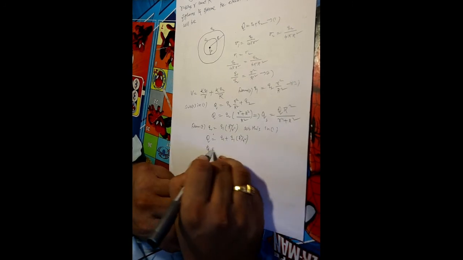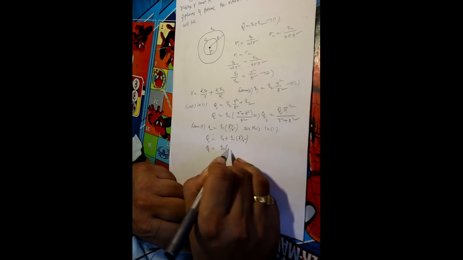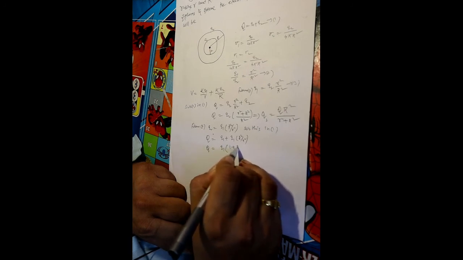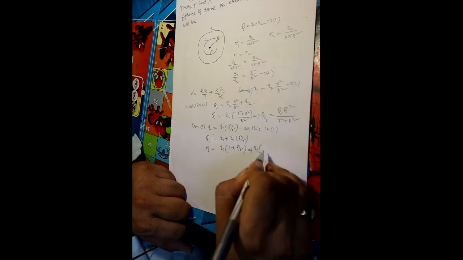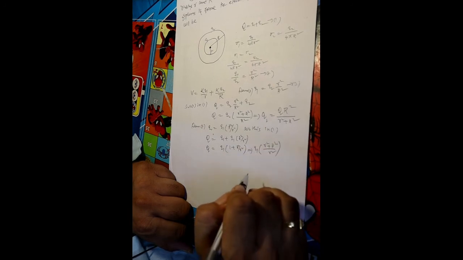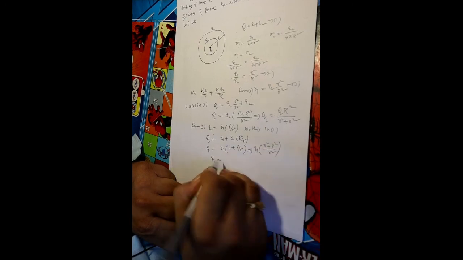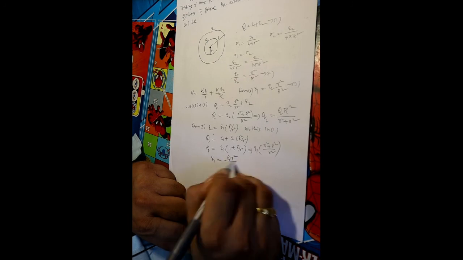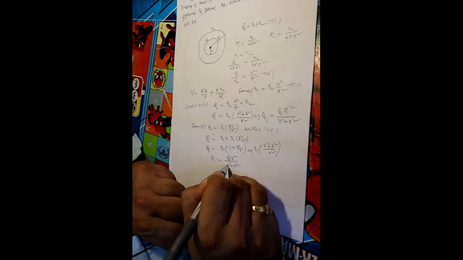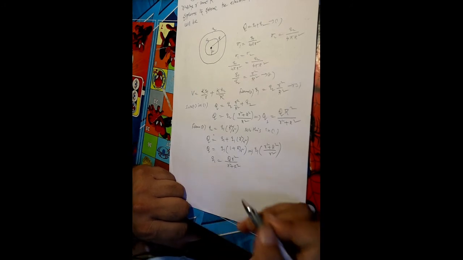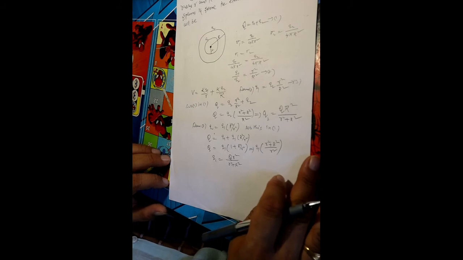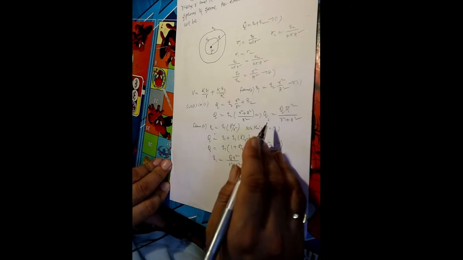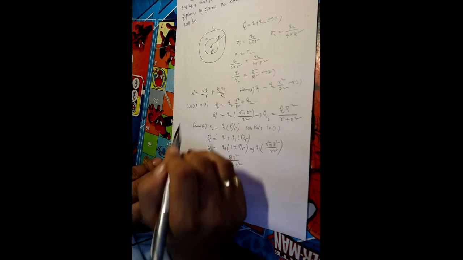So capital Q is equal to, take Q1 common, 1 plus capital R square by small r square, that is equal to Q1 into r square plus capital R square by r square. Now we write Q1 is equal to Q into small r square by r square plus capital R square.